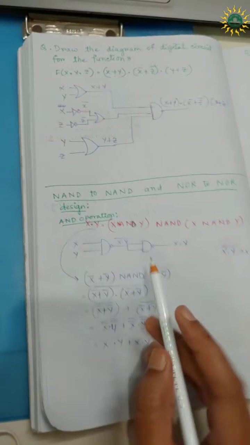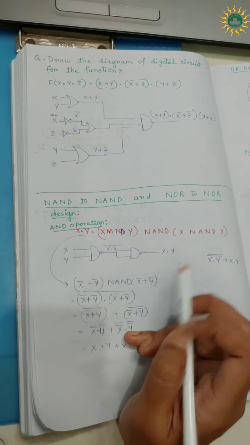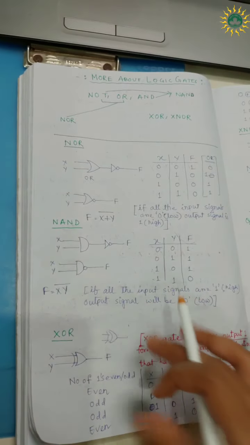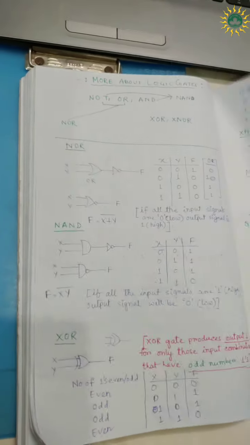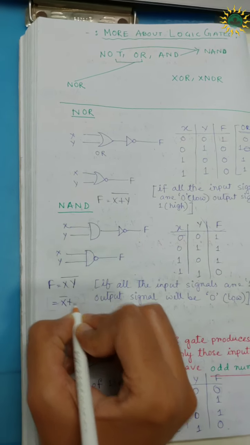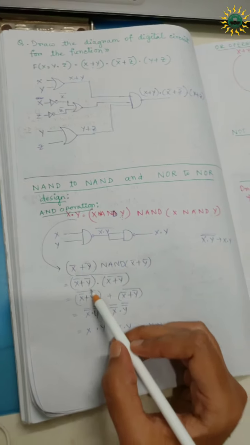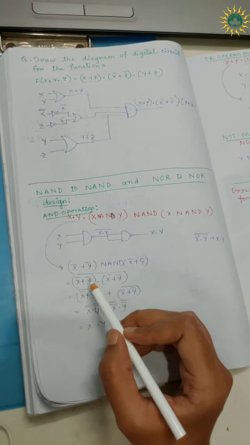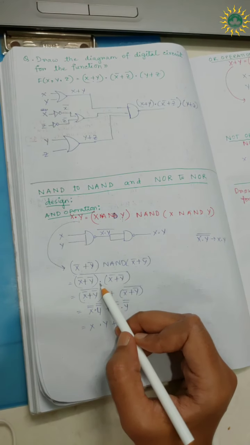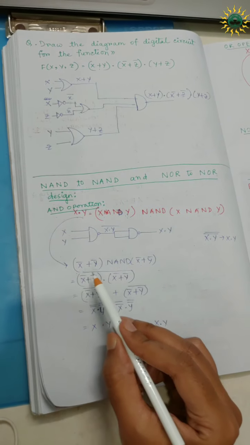We had this one, x NAND y, NAND, x plus x bar y bar. We can break it using De Morgan's law. I have used it here. NAND gives you a total complement of it. Then you can again break it like this.